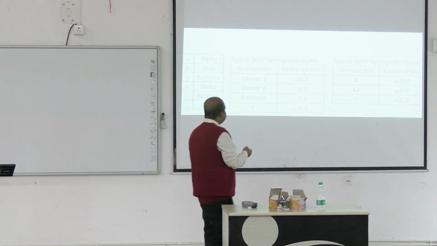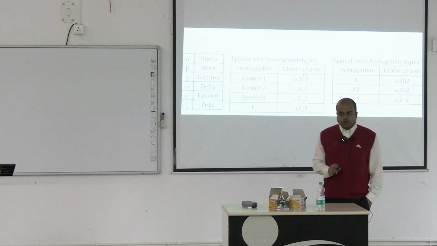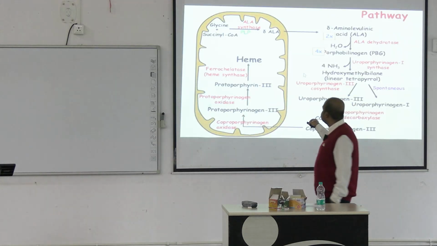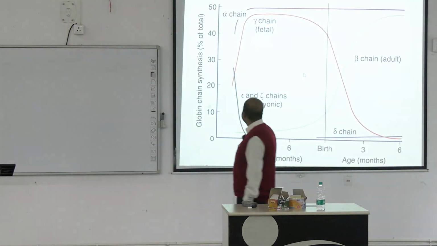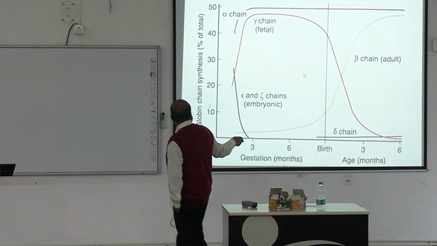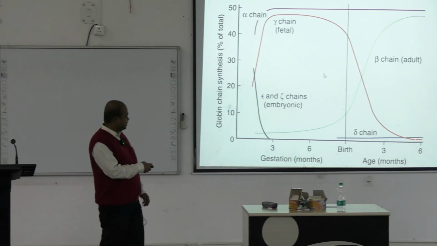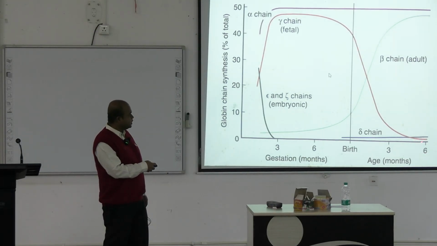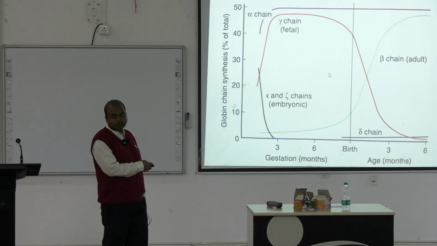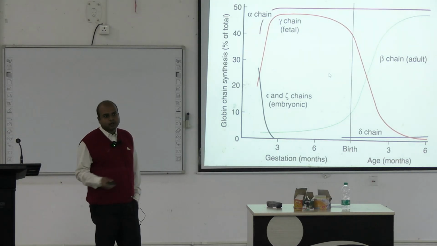And again alpha 2 gamma 2, which is fetal hemoglobin, to some extent is present in adults. You can see the gamma chains, although they decrease after birth, continue to be formed to some extent. See, in the graph it is not coming to the zero line. So, very little gamma chain continues to be produced throughout life.